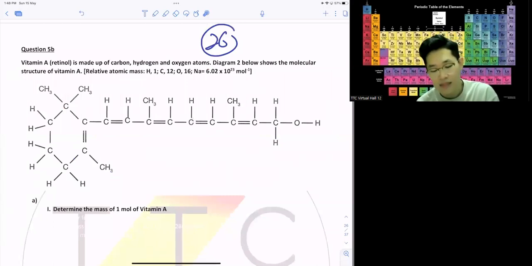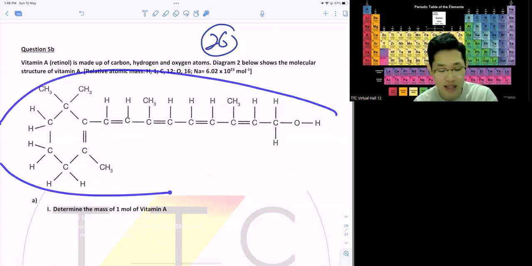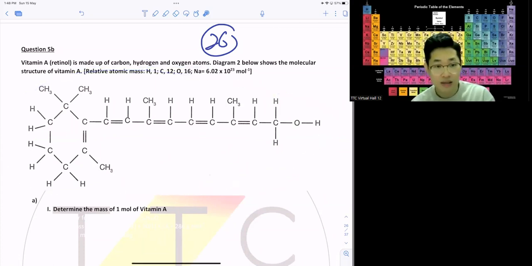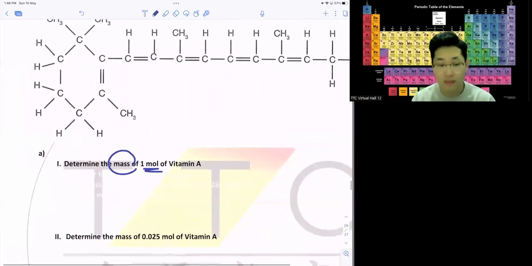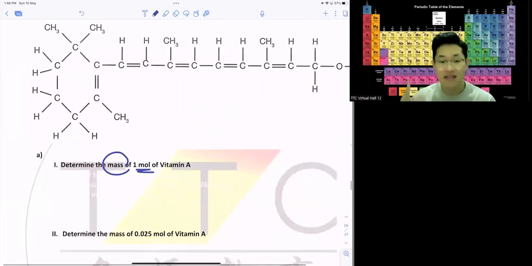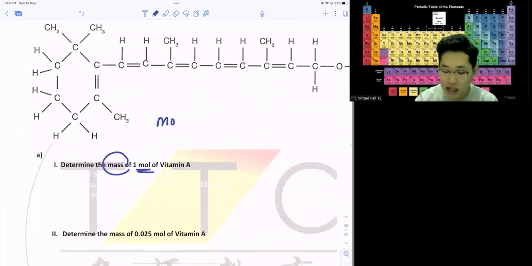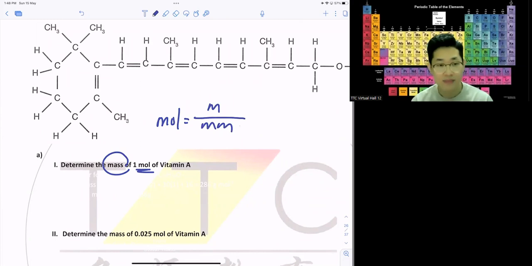Vitamin A is made out of carbon, hydrogen, and oxygen. The diagram below shows the molecular formula of vitamin A. Determine the mass of 1 mole of vitamin A. Mass and mole, so I will be using mole equals mass over molar mass.